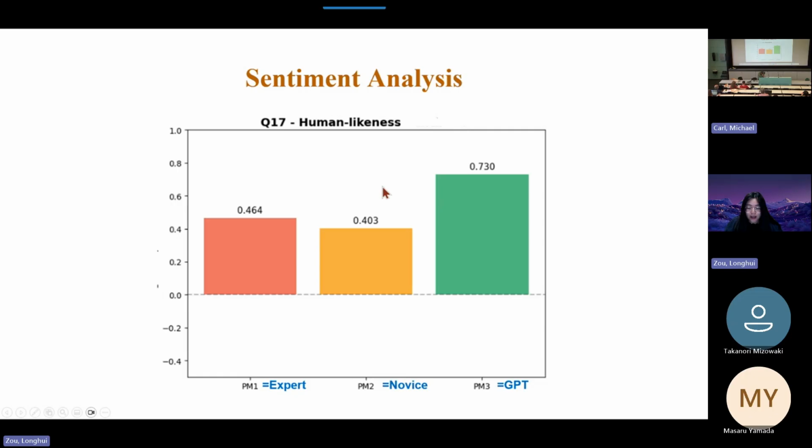The result shows that PM3, which is GPT, received the highest positive sentiment score at 0.73. It's significantly higher than both PM1 and PM2, which scored around 0.46 and 0.40. This suggests that student evaluators were considerably more likely to use positive, human-like language when describing GPT as the project manager.